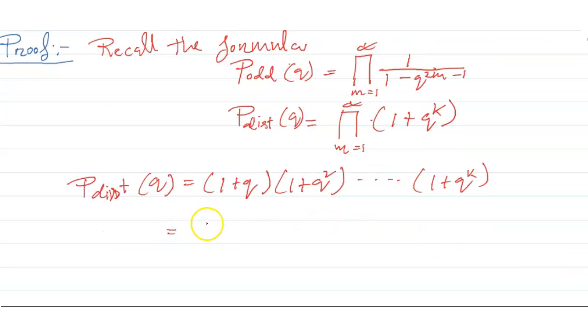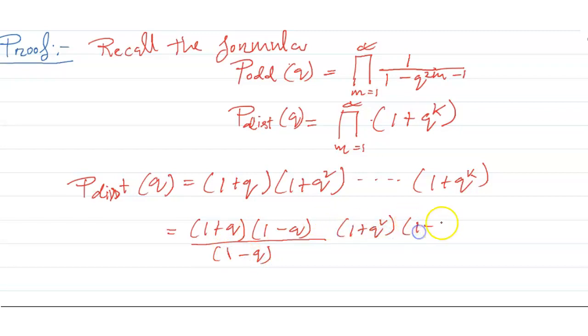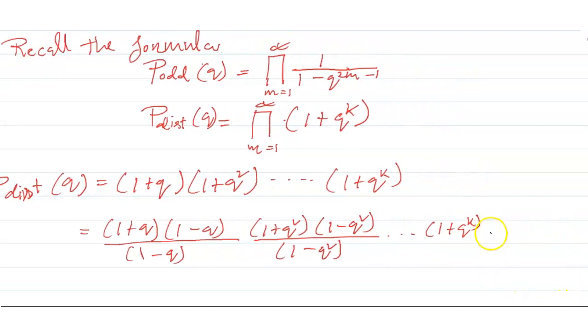Then we can write this way: 1 plus q into 1 minus q, multiply 1 minus q, 1 plus q square into 1 minus q square, divided by 1 minus q square, up to 1 plus q to the power k into 1 minus q to the power k divided by 1 minus q to the power k. Just multiplying.